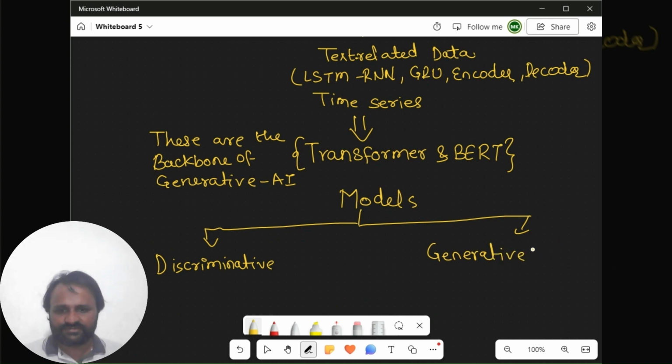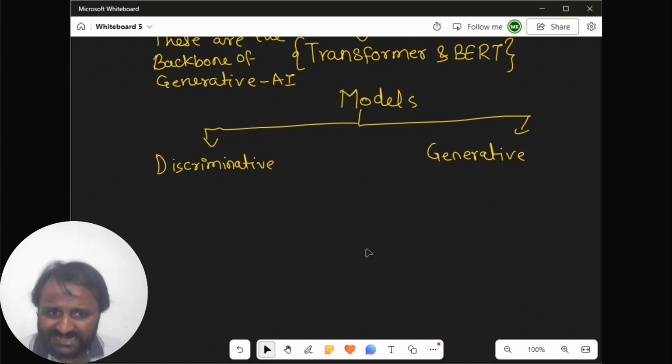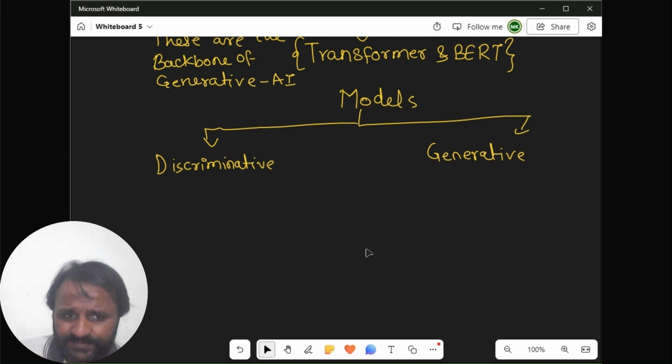These are the two types of models. Now let's first understand generative. Whenever I talk about generative AI, you should always remember that Gen AI is more about generating content. There are specific models which help you generate new content based on whatever content they have already been trained on.